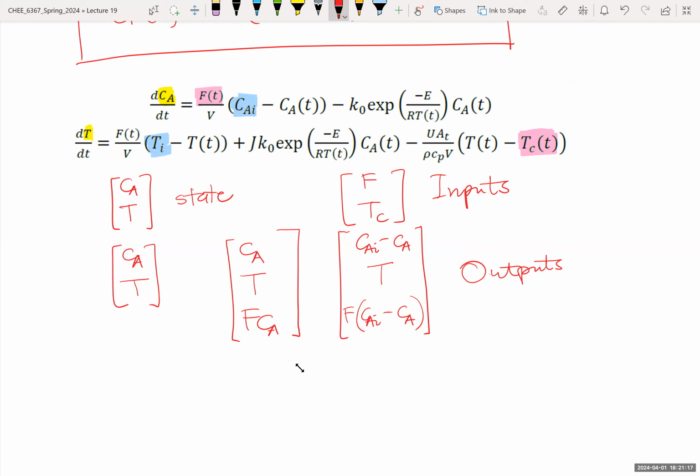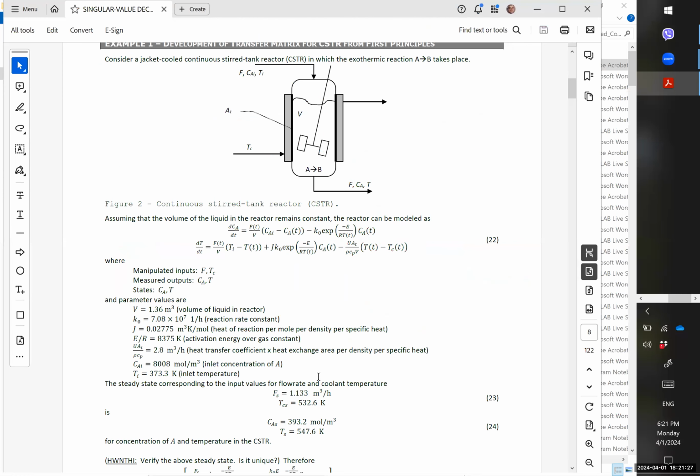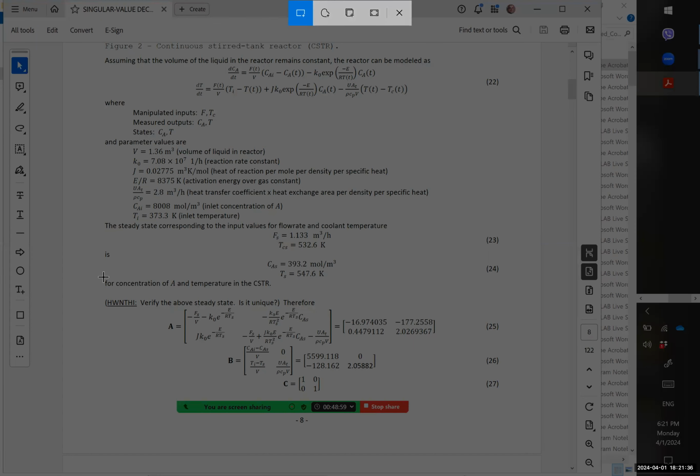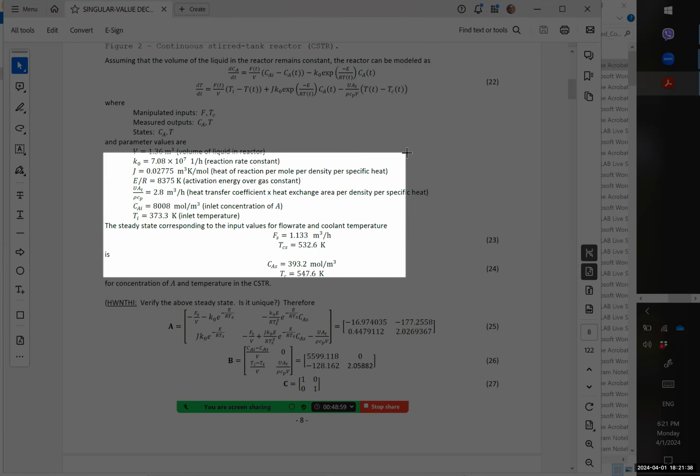Now, for this system, I gave it some specific values and I found a steady state. I don't want to spend time doing the algebra, so I'll just copy everything from the notes again, and I'll just move on.